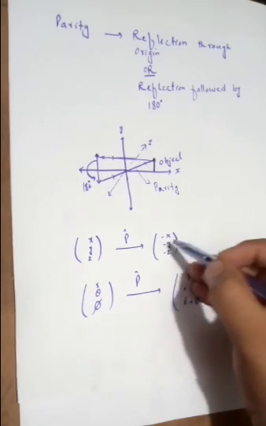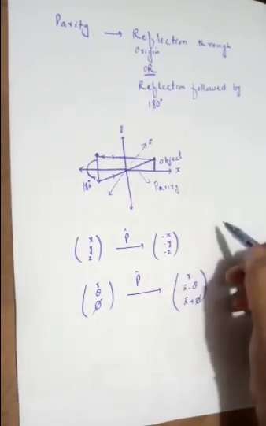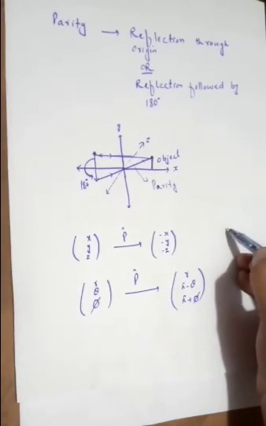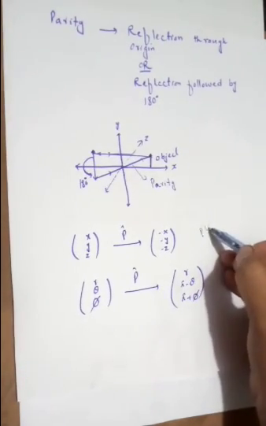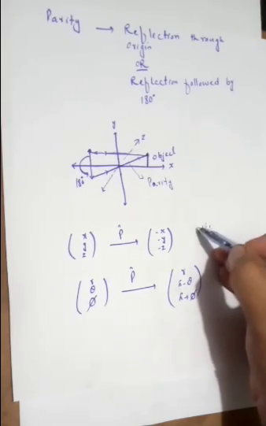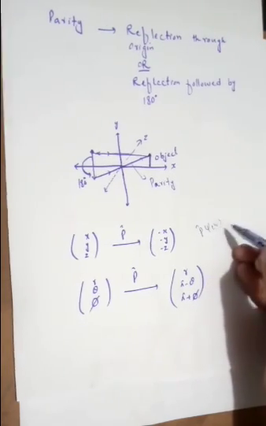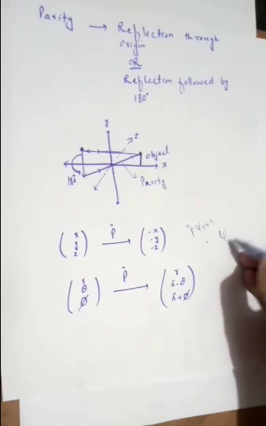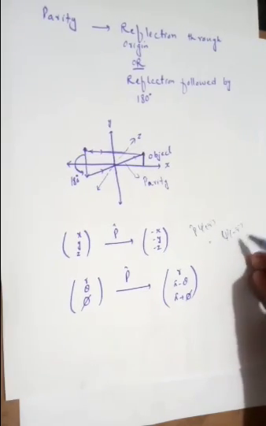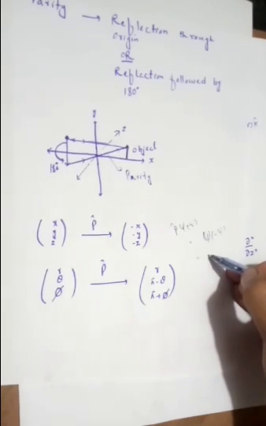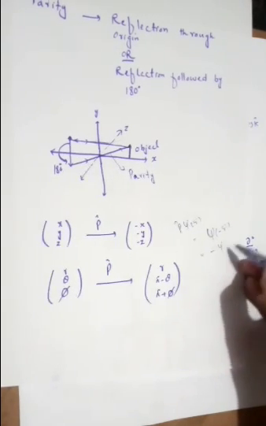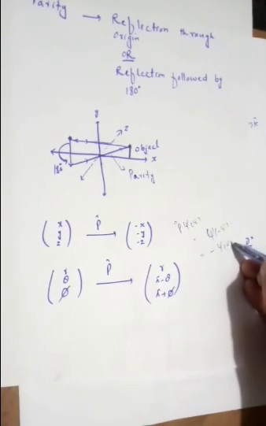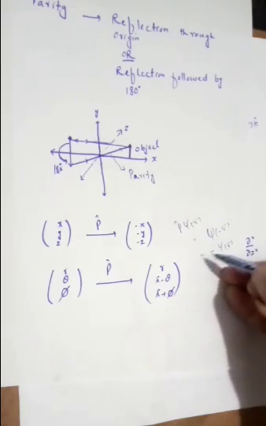For example, we operate the parity operator on psi of r, and we get psi of minus r, and then finally a minus comes out, retaining the wave function as it is.